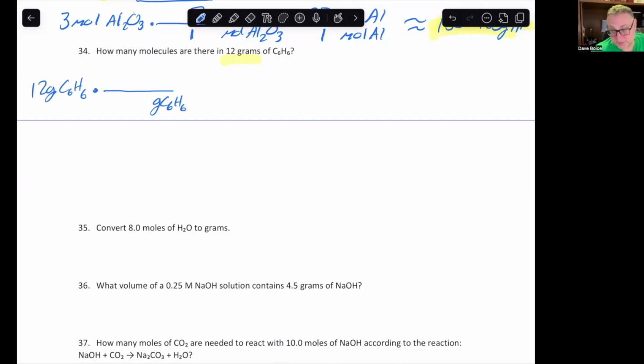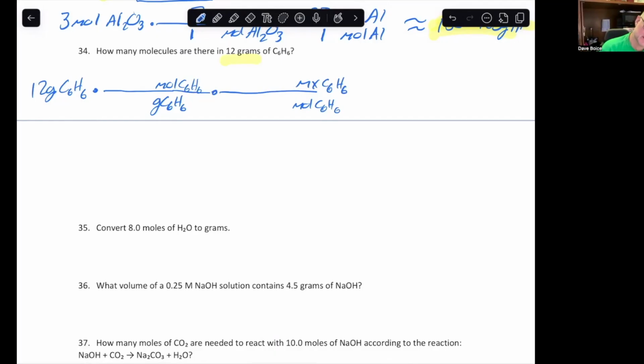And grams, pretty much my only option to go to is moles. Now I'm getting there, but what I want is molecules. So whatever goes up must come down. Moles of C6H6 to molecules of C6H6.